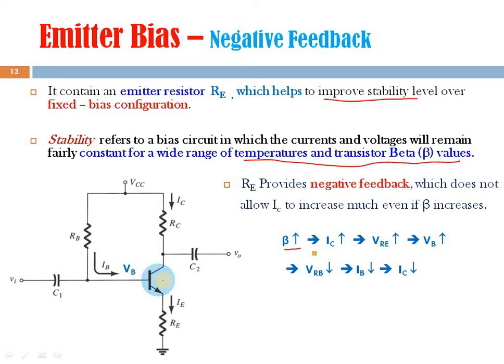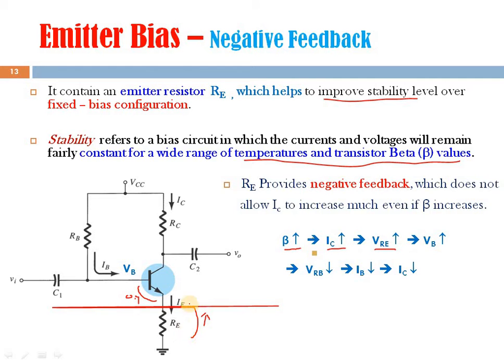So what happens if beta increases? This base current is fixed here, so this IC will increase, and because of this, the voltage drop across RE will increase. And because of this, this voltage VBE is fixed, that is 0.7, right?